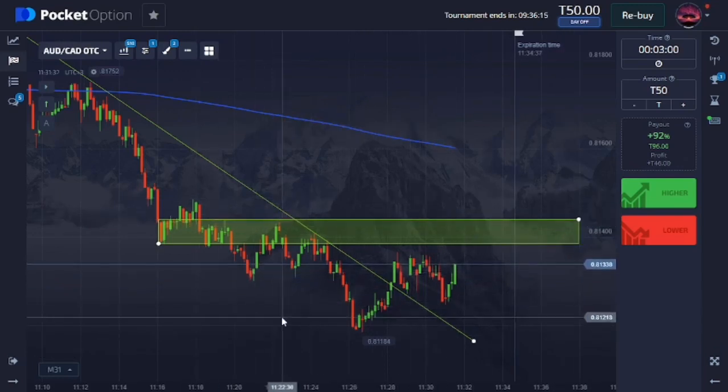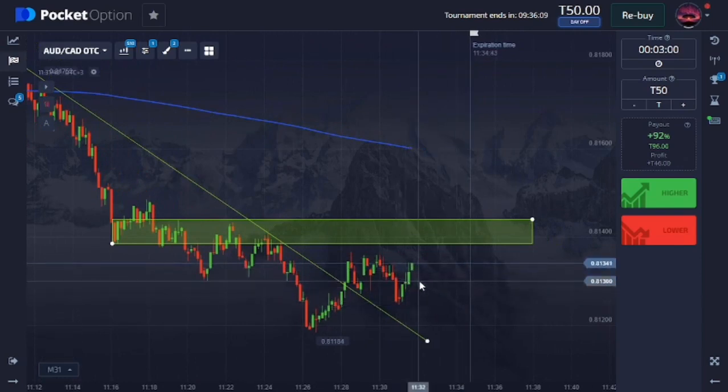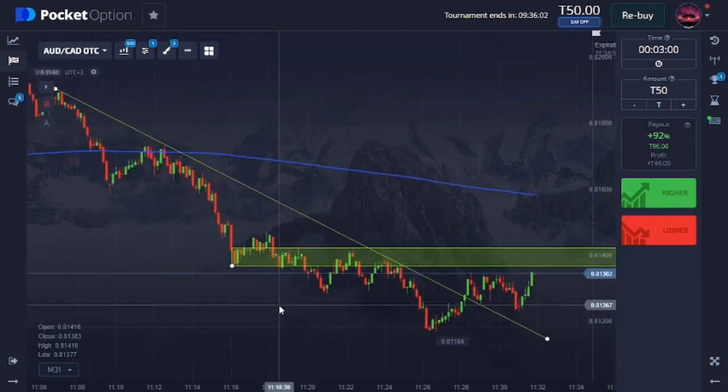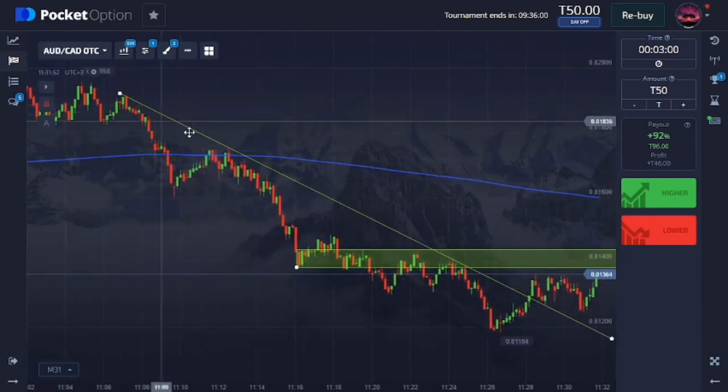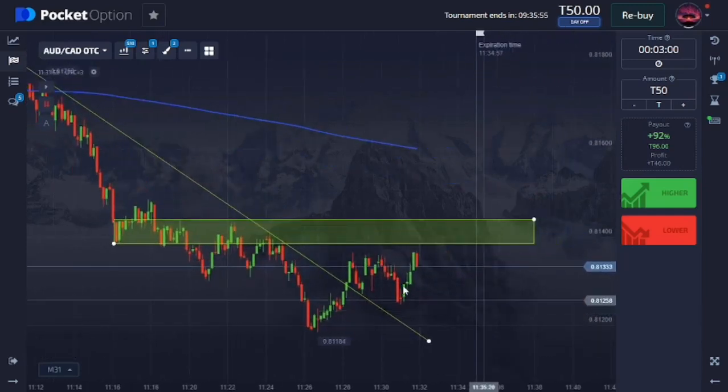Let us see what's happening and we will enter. I don't like this kind of trading, because it broke this structure, so it should not break this trend line usually, but now it broke it.